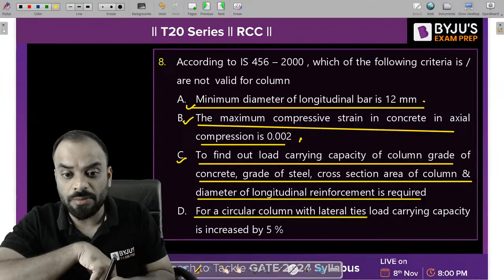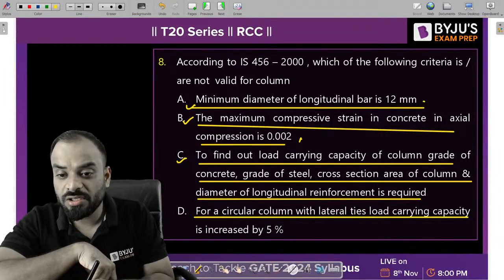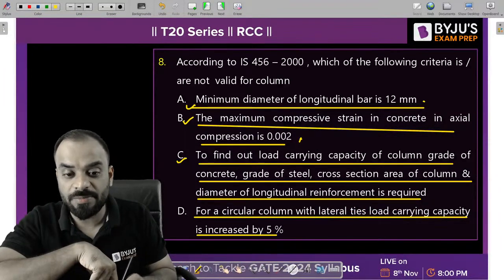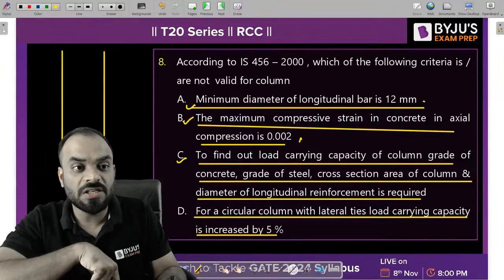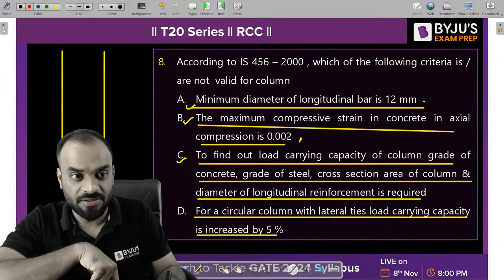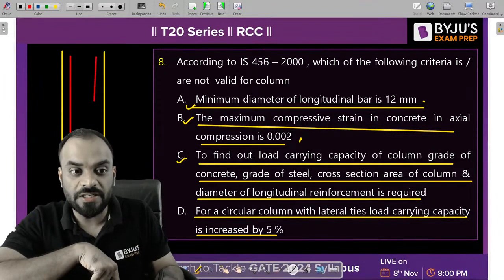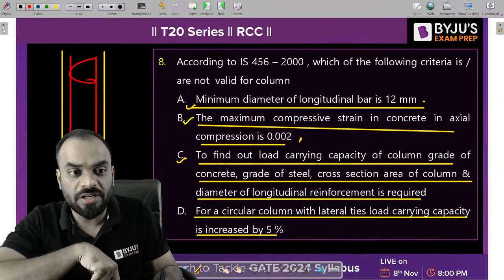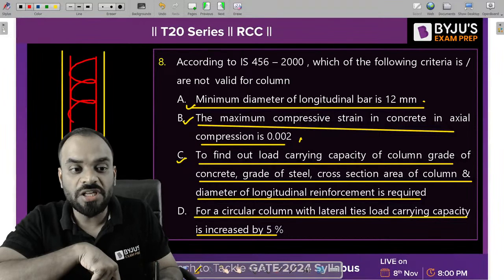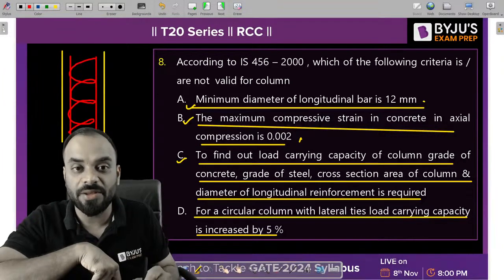For a circular column with lateral tie, load carrying capacity is increased by 5%. Now let me tell you, guys, whenever you have a circular column, it is not mandatory to increase the load carrying capacity by 5%. In such a scenario, you need to provide the helical reinforcement. Whenever we provide the helical reinforcement, then only you have to increase the load carrying capacity of the column.